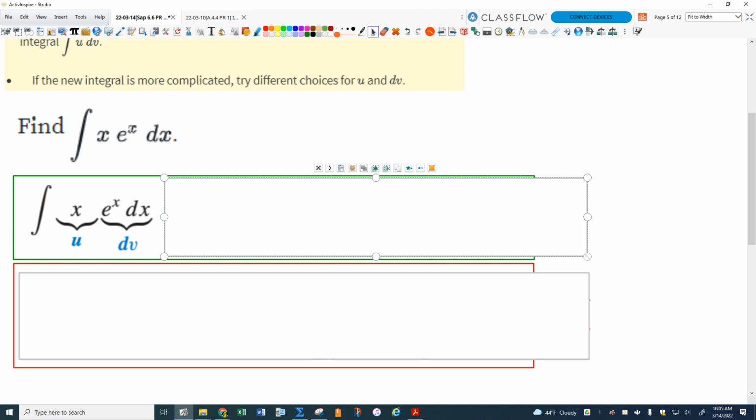The way I'll have you write this down is you'll make a little table with u and dv. So u equals x, dv equals e to the x dx.